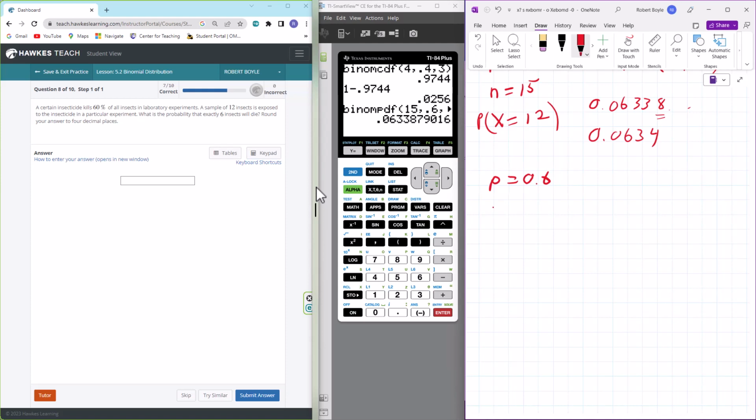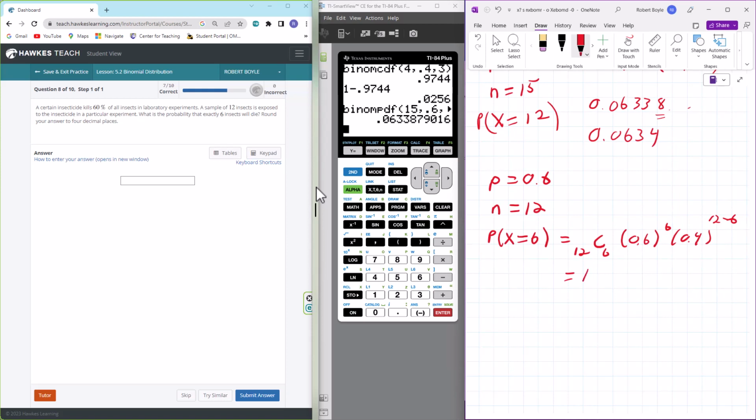We have our sample size, the number of repeated trials, is going to be equal to 12. All right? And we want to find the probability that x is equal to 6. That's what exactly means. And of course, that is going to be equal to 12 choose 6 times 0.6 to the 6th times 0.4 to the 12 minus 6, which we can see is 6.